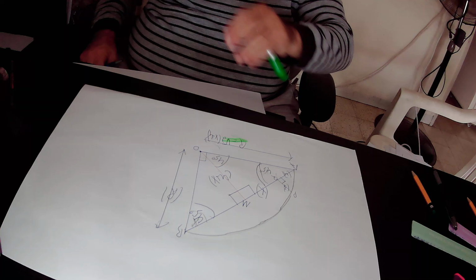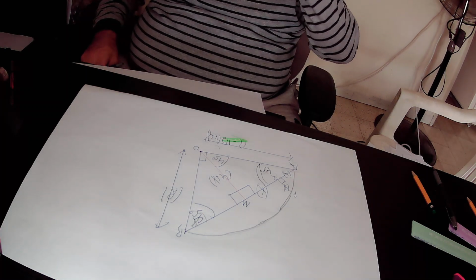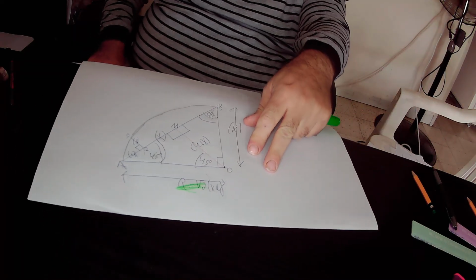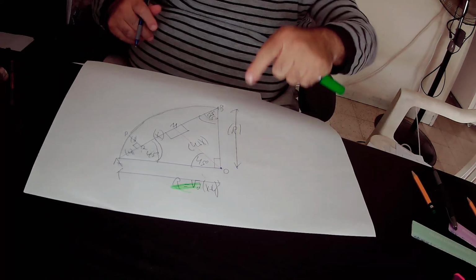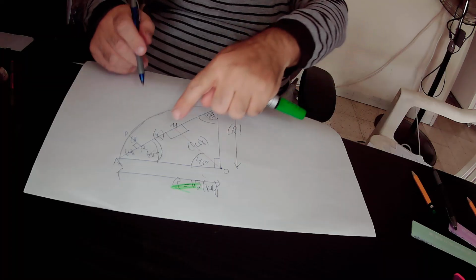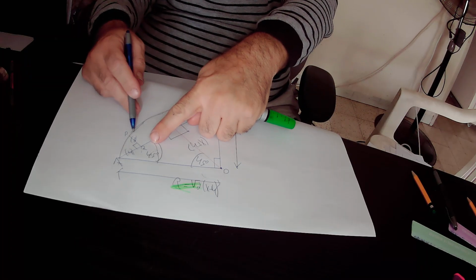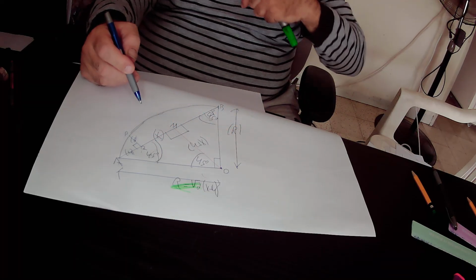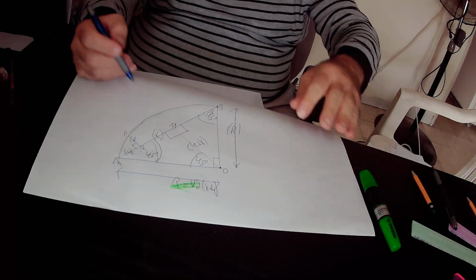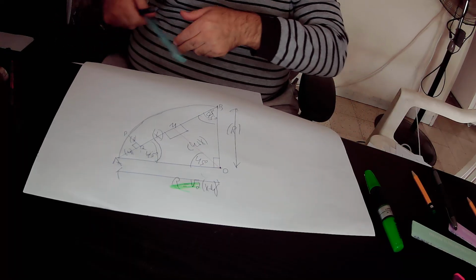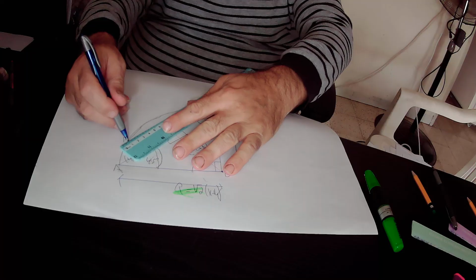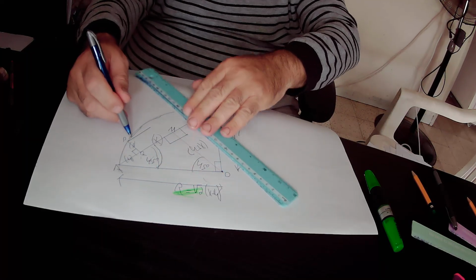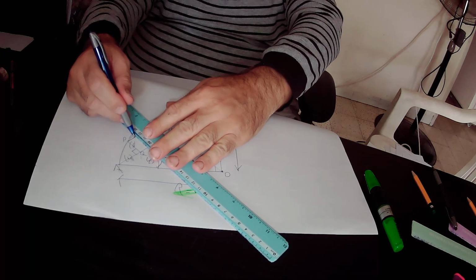In the next step, we will do another construction. That is to say, we will draw a perpendicular on this short line segment PQ at point P. Again, we will draw a perpendicular on this short line segment PQ at point Q. So here, this angle equals 90 degrees according to our construction.